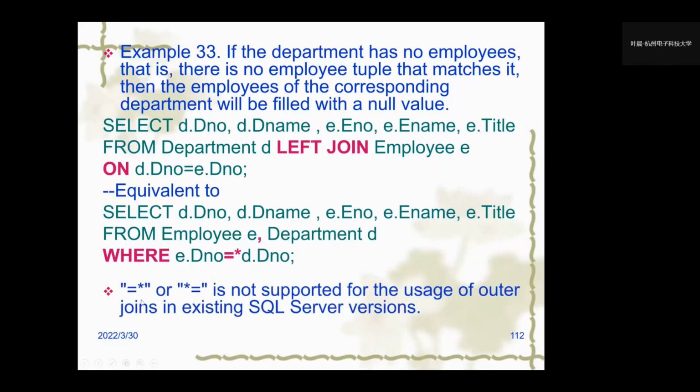But we need to note that this equal-star or star-equal is not supported for the usage of outer joins in existing SQL Server versions. So if you want to use this left join or right join, you can only use the above kind of writing.